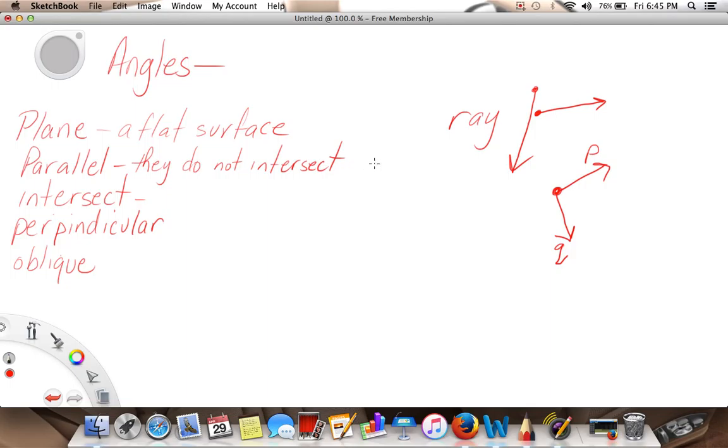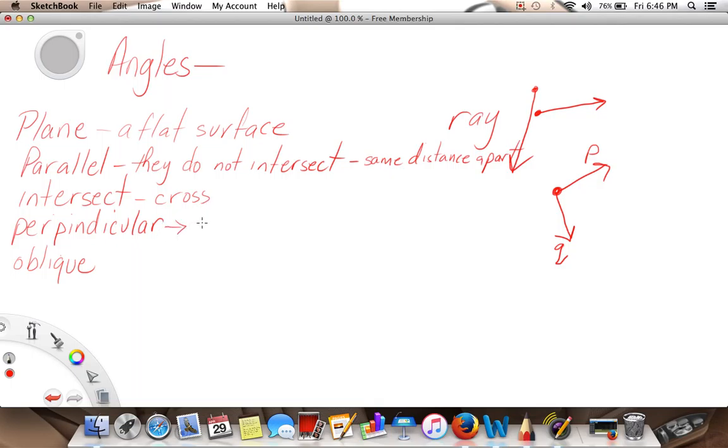So they do not intersect and also same distance apart. That's key. Okay, they stay the same distance apart. Okay, intersect, as the textbook says, intersecting things, they cross, okay, or they touch one another.